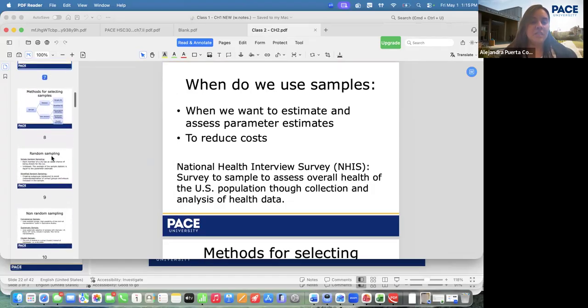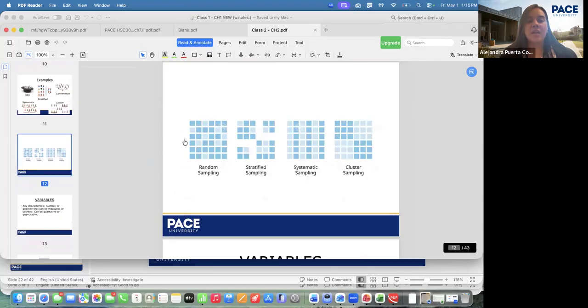And then this is just that we have different types of samples. So we have random sampling, everyone has the same chance, right? We have stratified sampling, in which we divide by groups based on the characteristics that they have. So I would use stratified sampling if I was doing, let's say, by age, right? And why? What is the goal of this? That each group will have different weights so that they are all equally representative, right?